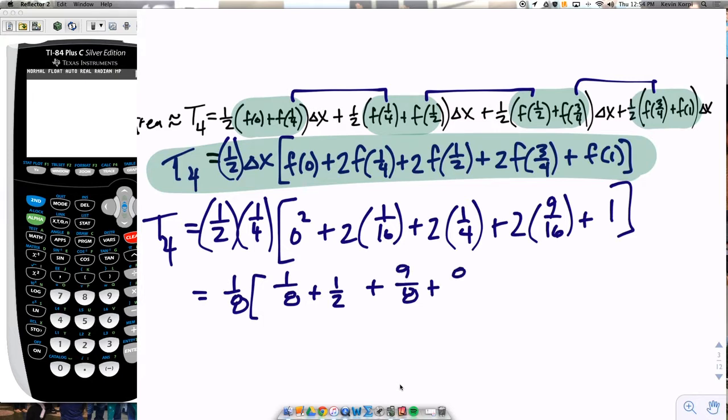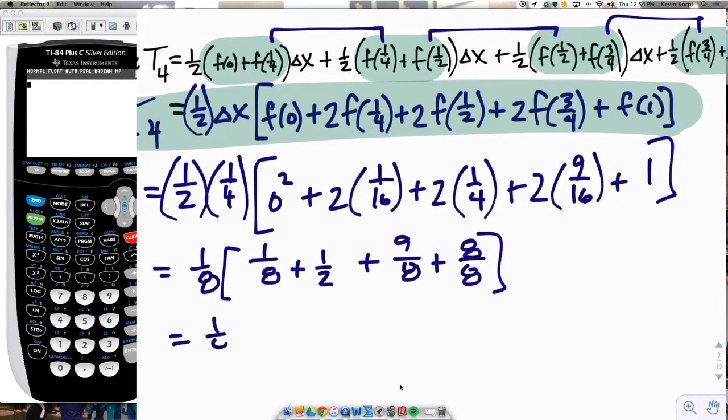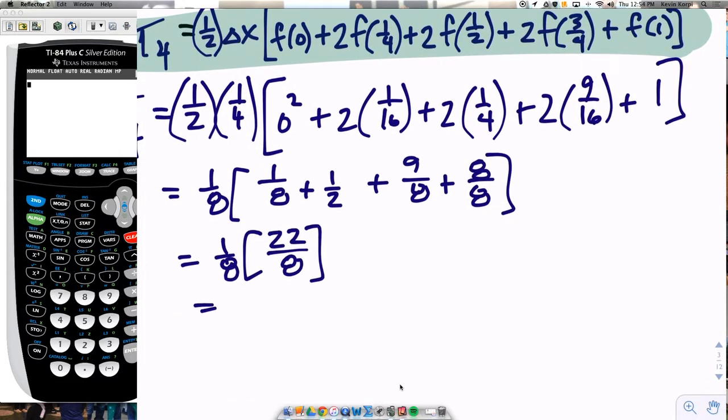I'm going to call 1 8/8 if you're okay with that. So if I add that up, I get 18/8 plus 4/8, that's 22/8. And that simplifies to 11. Is that right?